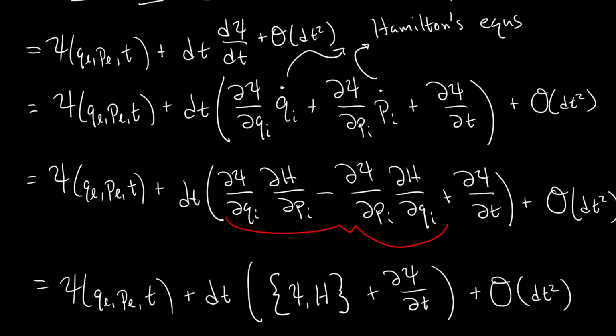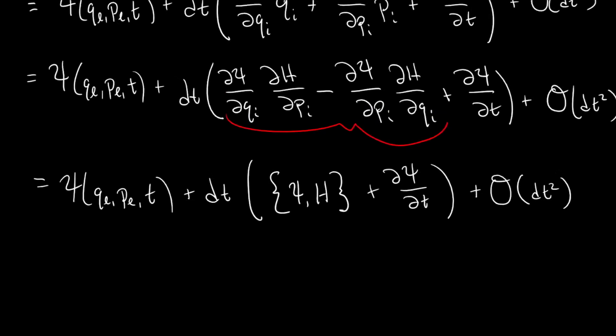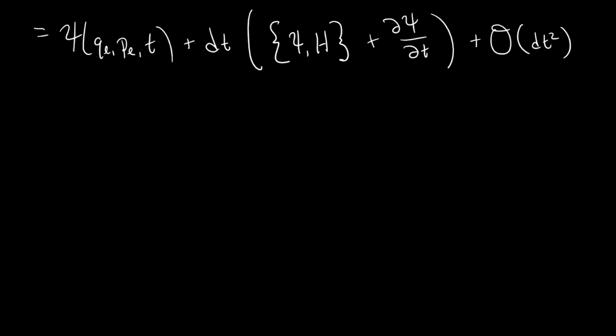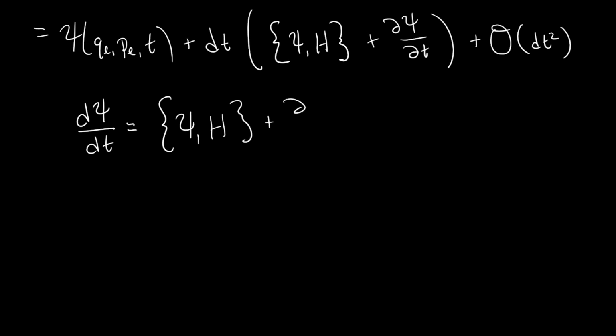So going back to this equation here, I'm going to just pick out the total time derivative term. And I can see that my total time derivative, so my evolution through time, is given in terms of the Poisson bracket with the Hamiltonian, plus whatever explicit time dependence psi has.